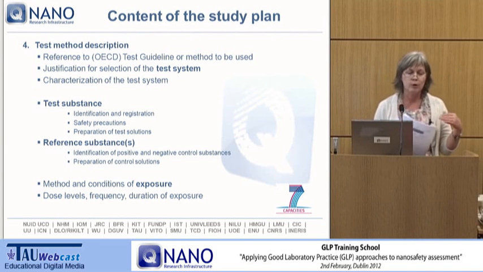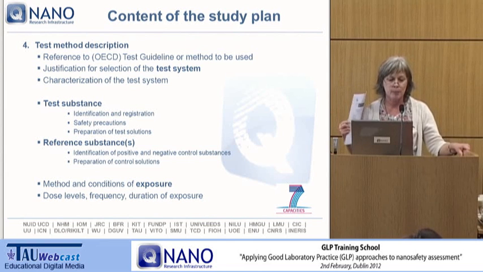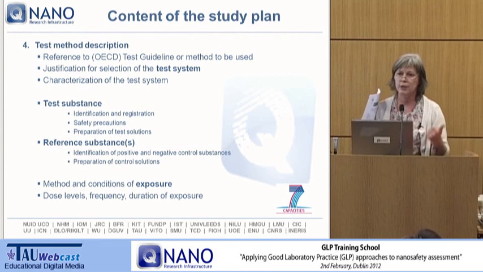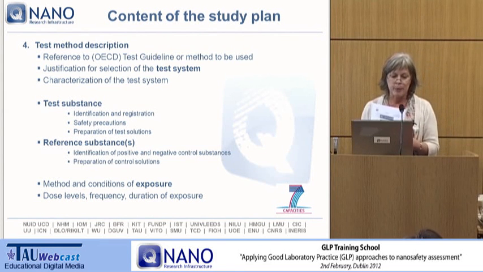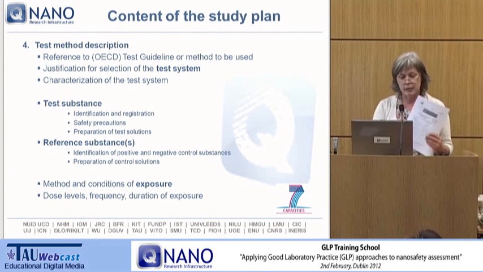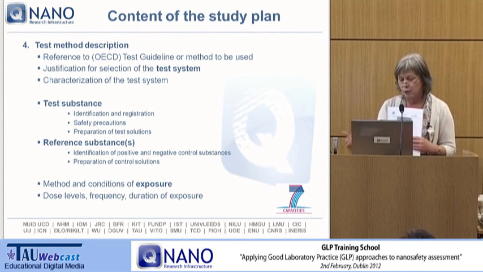And also lots of information, if available, about the test substance, identification and registration, safety precautions, preparation of test solutions, reference substances, identification, positive and negative control, and preparation of control solutions.